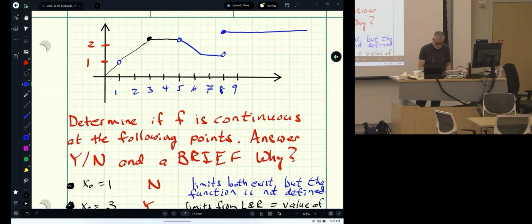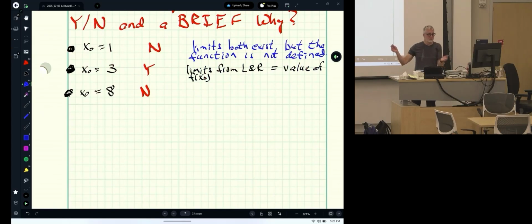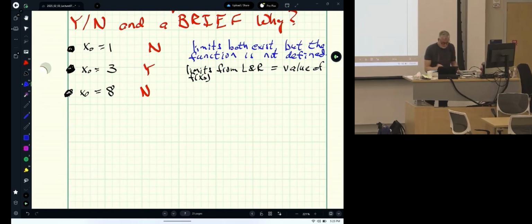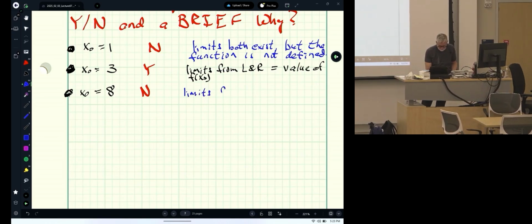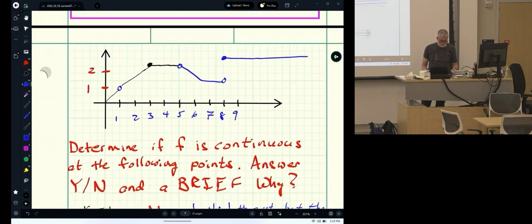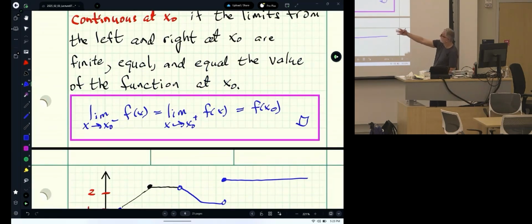Now, if one of them didn't exist, it's discontinuous as well. We can stop there. We don't even have to compare them to the value of the function because there are 3 conditions that have to hold, and if any one of them fails, then it's all over, okay?